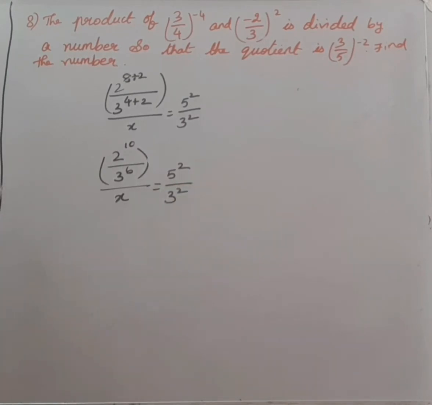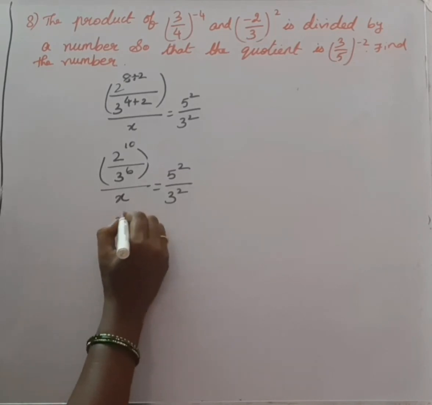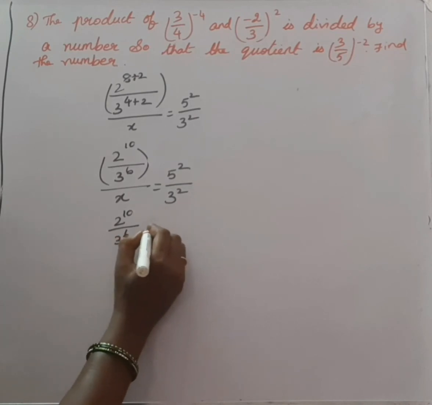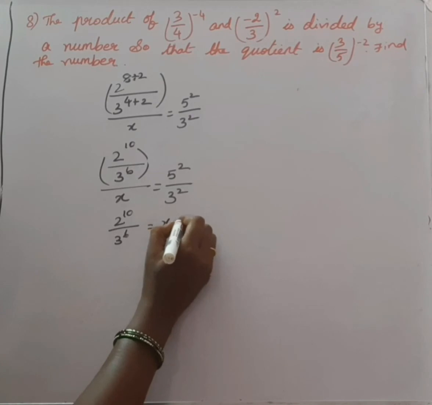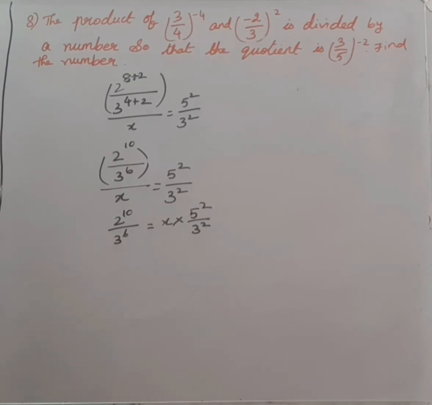Now carry over the x to the RHS and take this 5 square and 3 square to the LHS. So 2 power 10 divided by 3 power 6 is equal to x into 5 power 2 divided by 3 power 2.